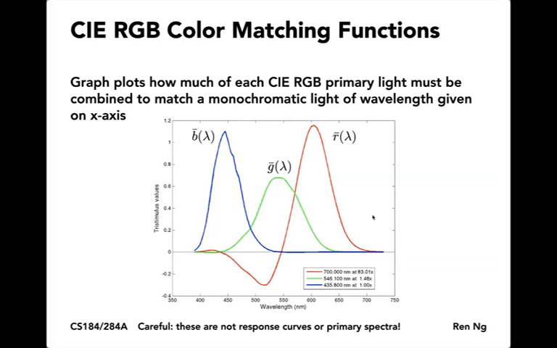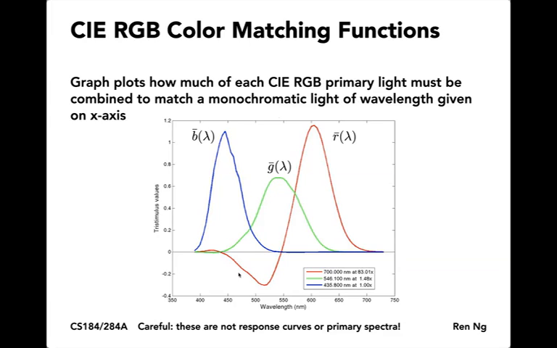You take those integral projections. By doing that, you don't have to put that specific spectral power distribution in front of a human subject and get them to do the matching experiment from scratch. You can calculate by linear superposition what their match would have been from this one experiment. Sometimes this is called gauging the spectrum. It's a way to exhaustively measure what the color matching would be for any set of primary lights.